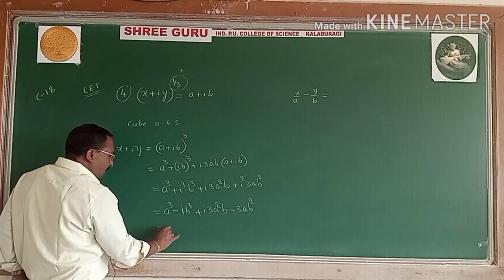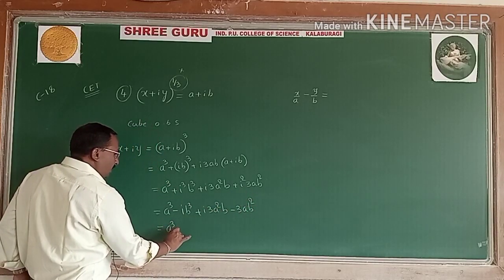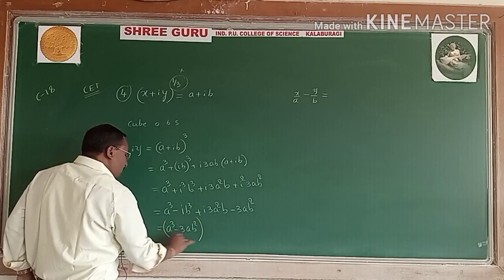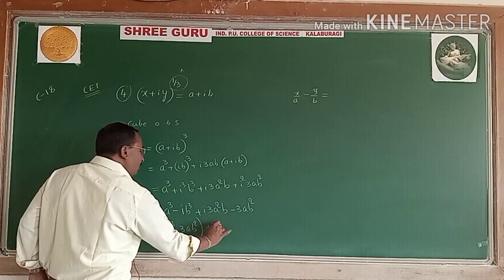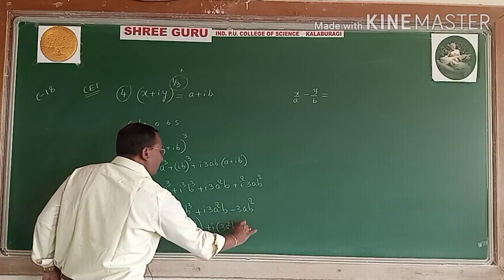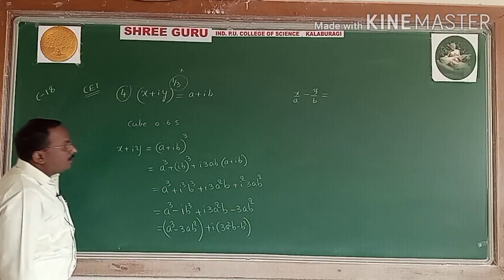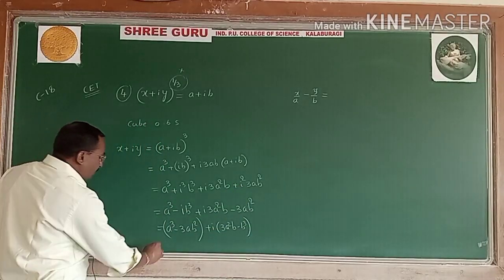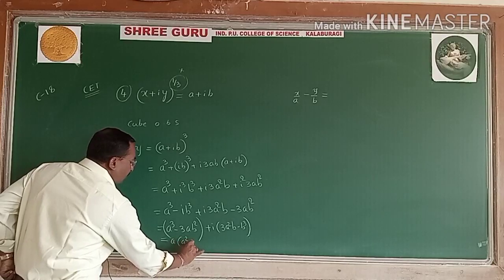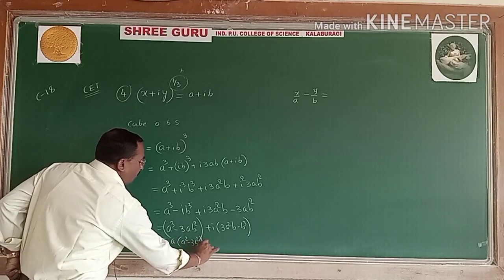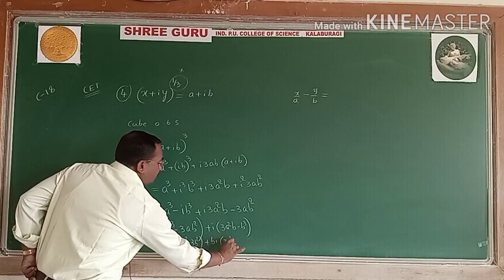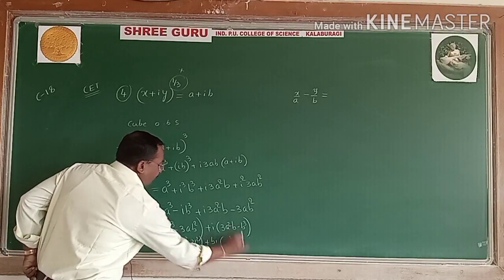Separate real and imaginary parts: a cube minus 3ab square is the real part, plus i taking common, first write positive, second write negative. Taking a common, a times (a square minus 3b square), and taking b common, b times (3a square minus b square).